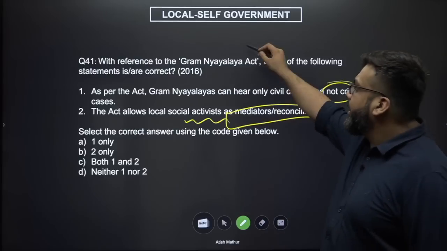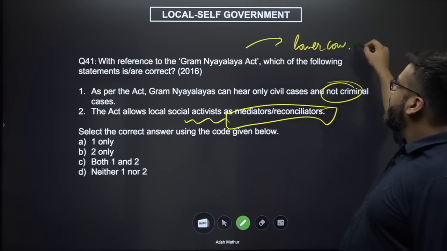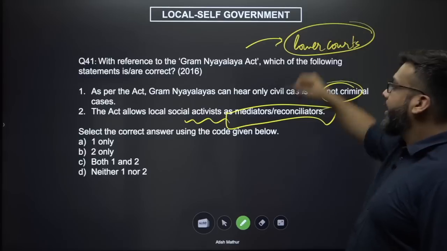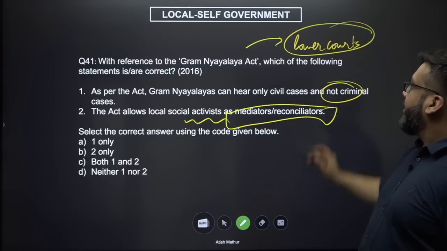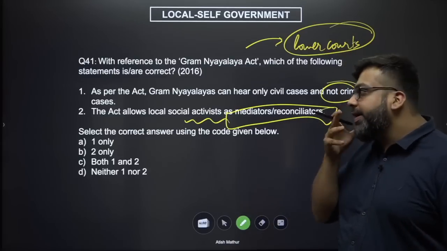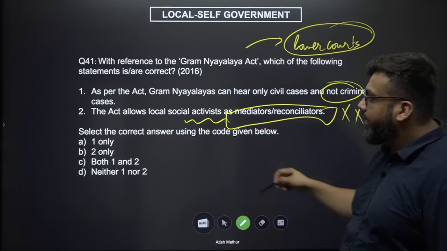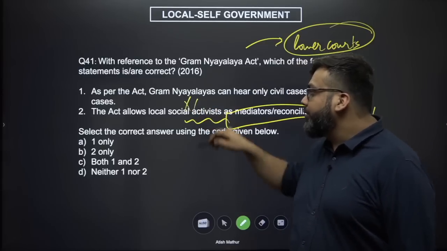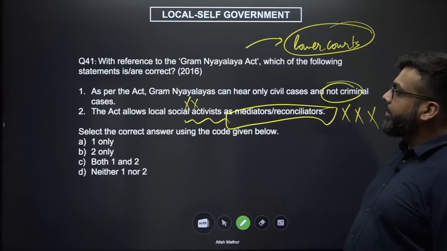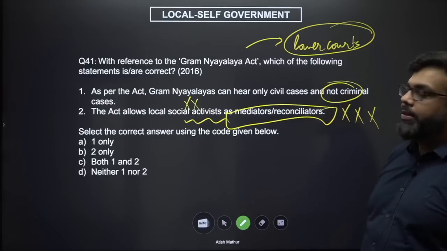We understand that the Gram Nyayalayas are nothing but extremely lower courts in the formal judicial hierarchy, which means if they are lower courts, they are not arbitration or mediation mechanisms. So when there is no question of a mediator or a reconciliator, it does not matter who you are choosing to be. So the second option is definitely wrong.